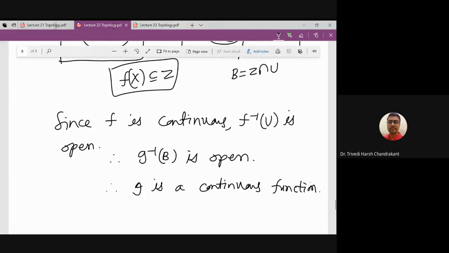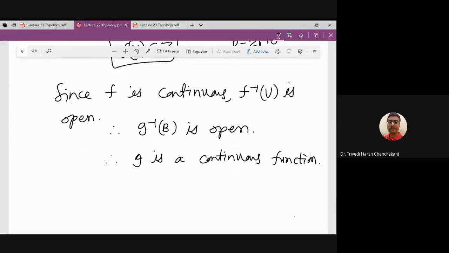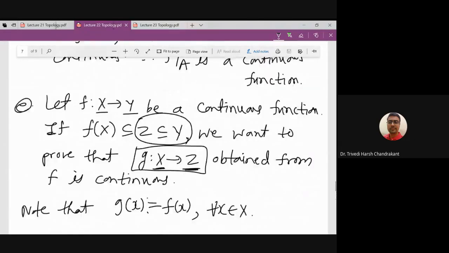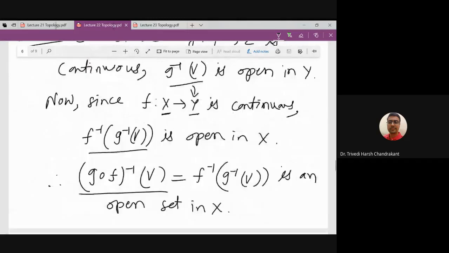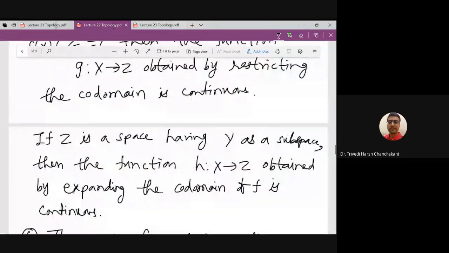And what about the extension function? The second part of this statement is regarding the extension function.